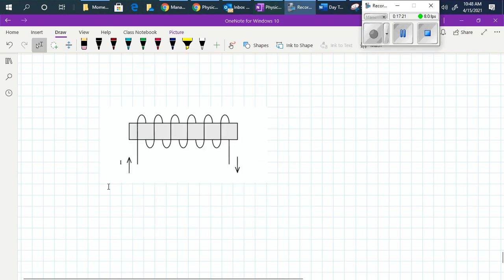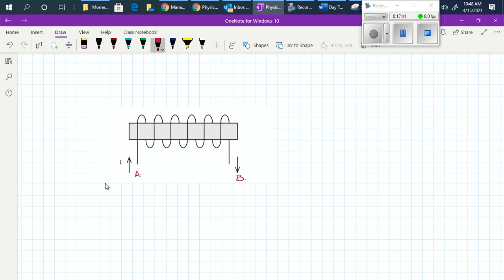Let's take a look at this other example. Now we have a coil, and if we call this A and this B, the intensity of the current is going from A to B, but the coil on the top part is into the page and on the bottom part is out of the page.